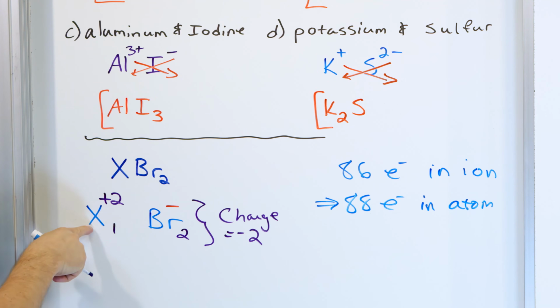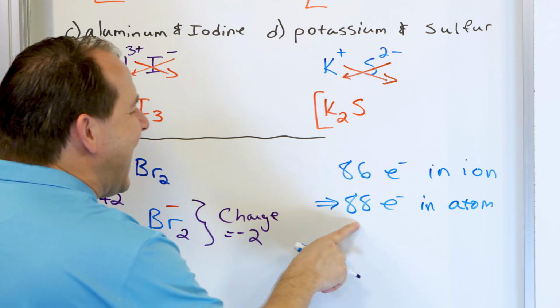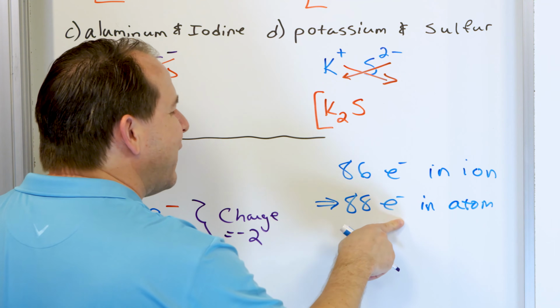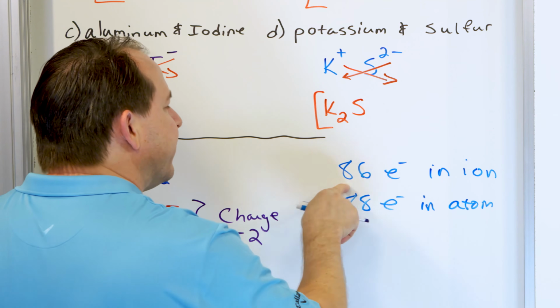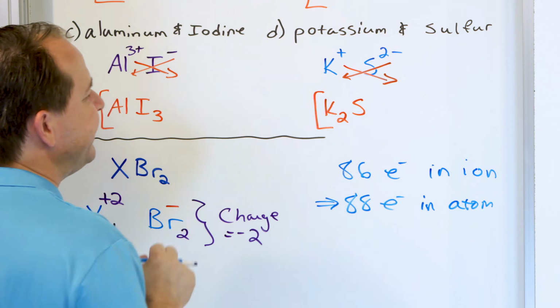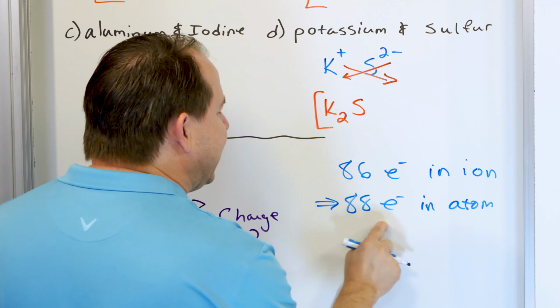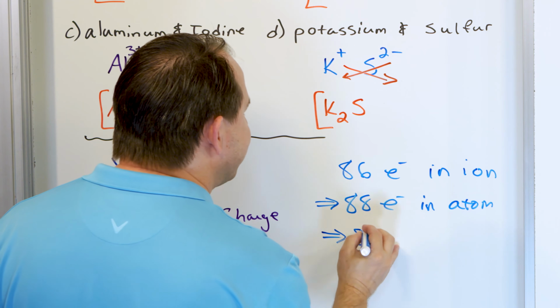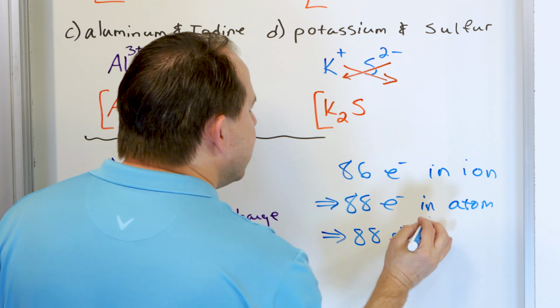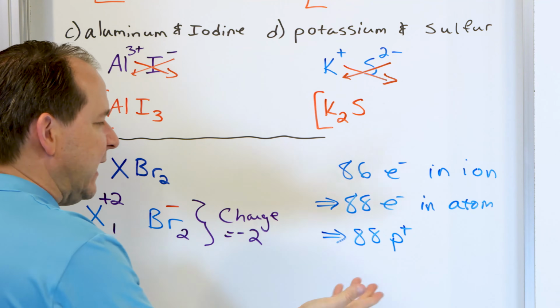Because, why? Because this atom, whatever it is, must have lost 2 electrons to give me a +2 charge. So I had to have 88 electrons in the original atom, because in the bonded version, in the ion here, I have 86 electrons. And so if I have 88 electrons in the neutral atom, I must have 88 protons, right? To balance the 88 electrons in the neutral atom.